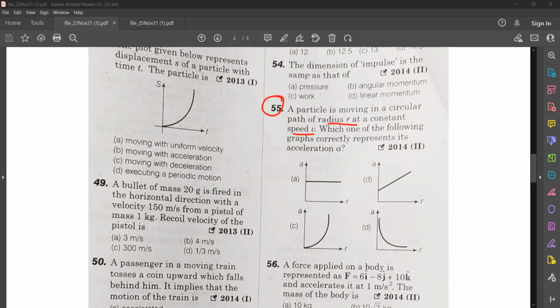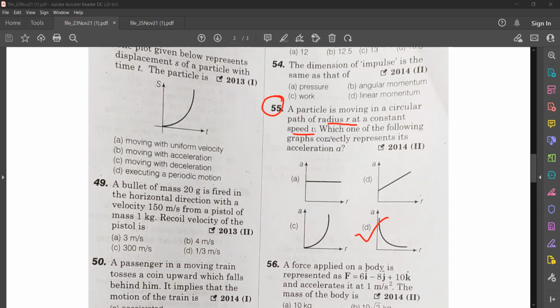What is the answer? Yes, the answer is option D. See, here they are saying acceleration is constant. That is not true, because we have already studied that acceleration in a circular path is not constant.